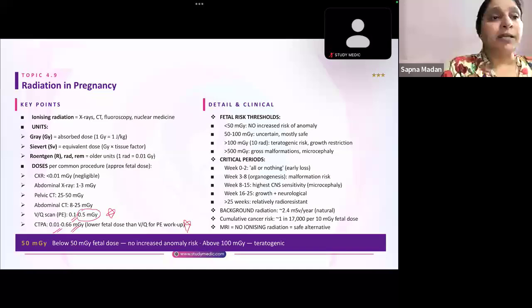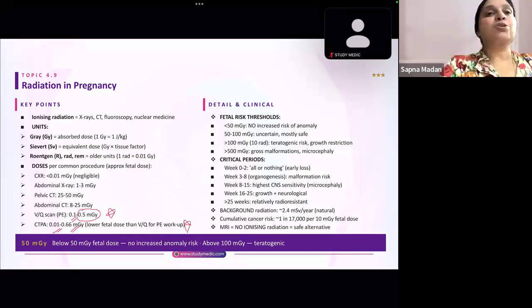Now, a little bit about the fetal risk thresholds. There is a nice table given in the talk, but that's not really of much significance to you. What you need to know is that any radiation exposure less than 50 milligrays carries no increased risk of anomalies. Between 50 to 100 it is uncertain, so it is usually considered safe.